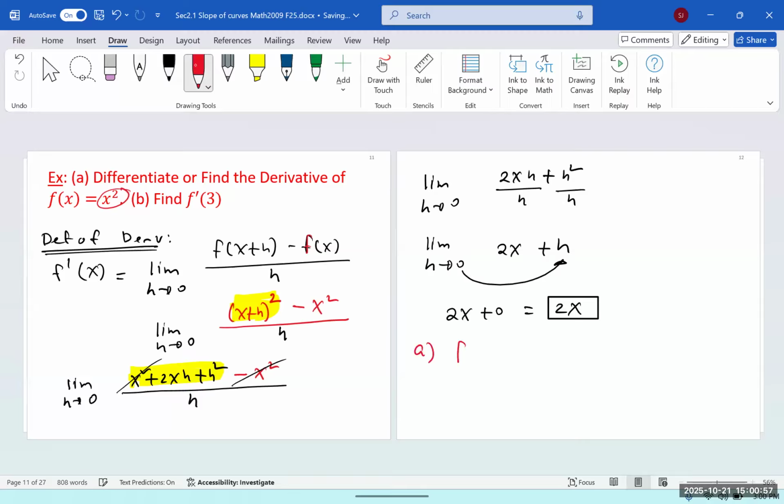So A is the derivative, and the answer is 2x. B is asking for the derivative at 3. So what's the answer? 6. 2 times 3, 6.